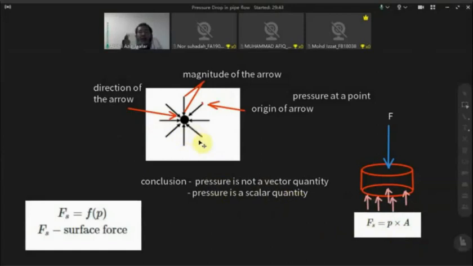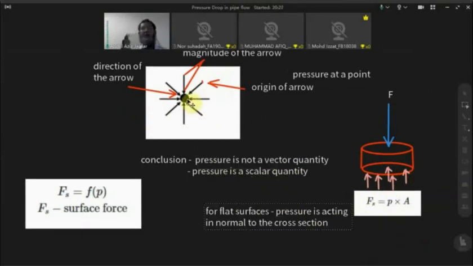And this surface force due to pressure has a definition, which is pressure times the cross-sectional area at which this pressure is acting. Right. So that's why on the point we can see that the direction of pressure is always acting towards the point.